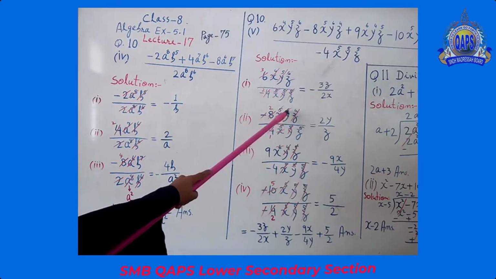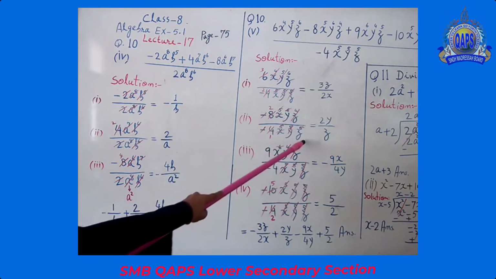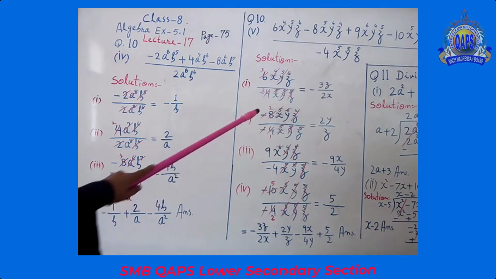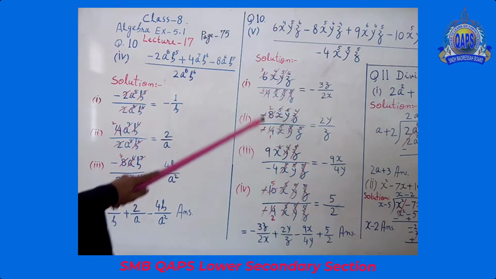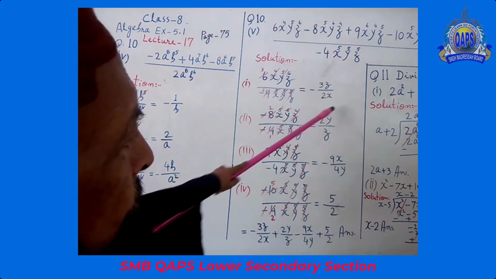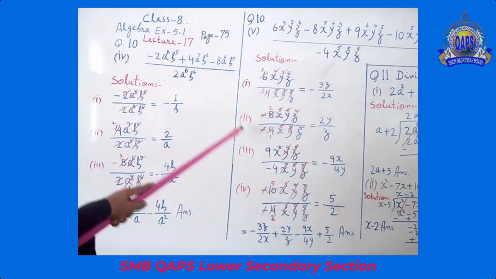Left 1y only. z4 cancelled. Left 1z only. So answer will be minus cancelled. So answer will be 2y upon z. We have finished step number 2.